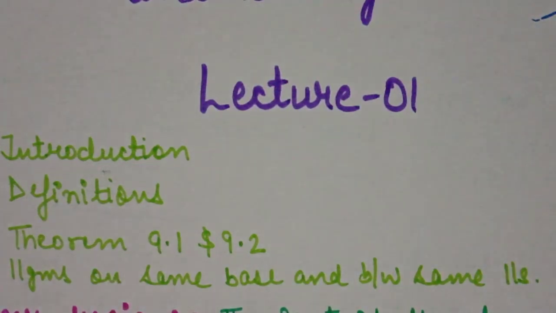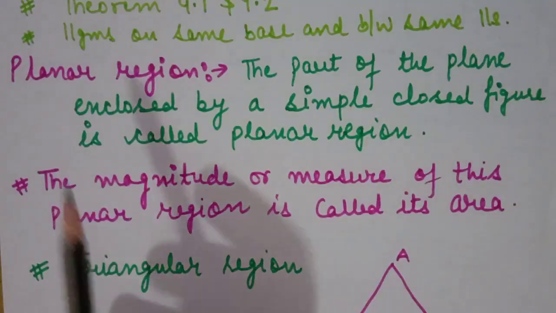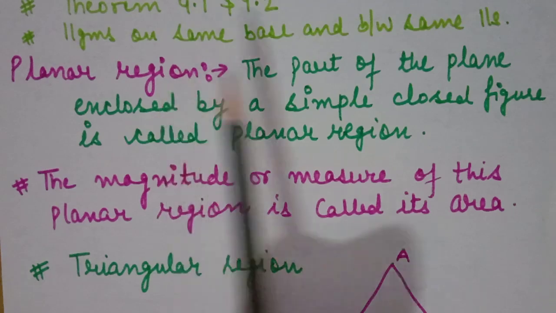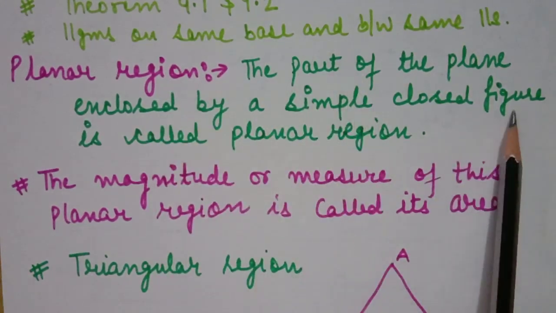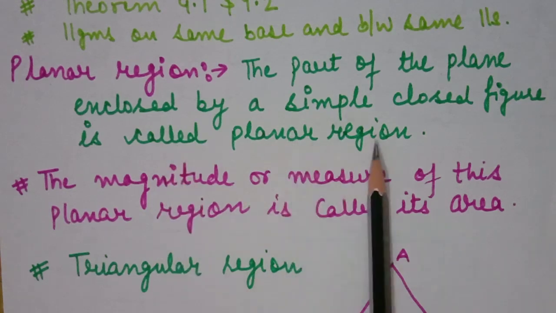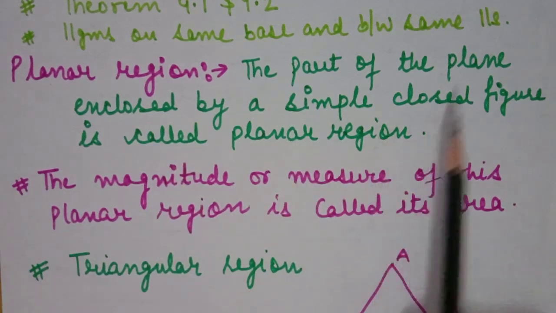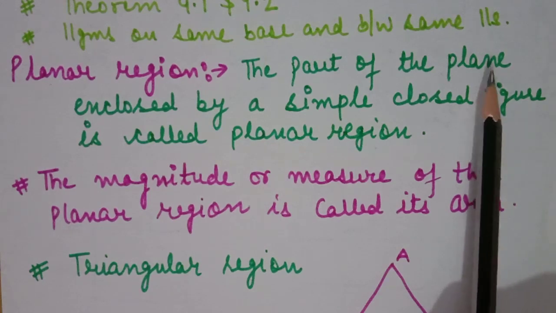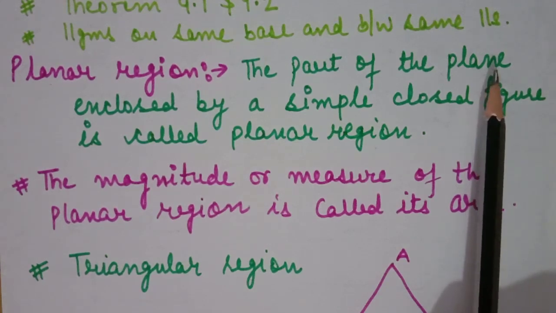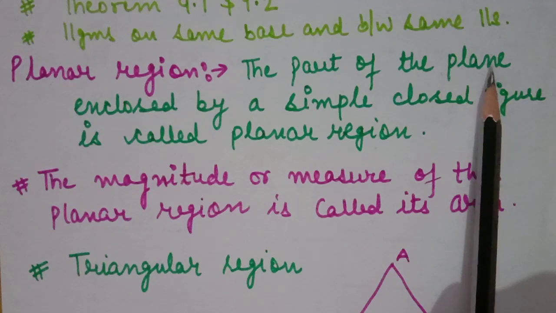So students, start your lecture with some definitions. First definition is planar region. The part of the plane enclosed by a simple closed figure is called a planar region. What do you mean by plane? Plane means a simple plane surface like our table, our blackboard, our door.